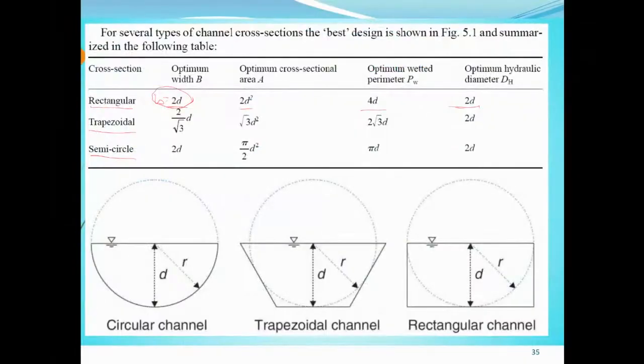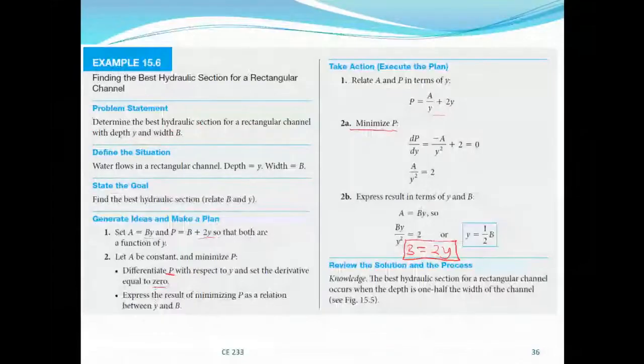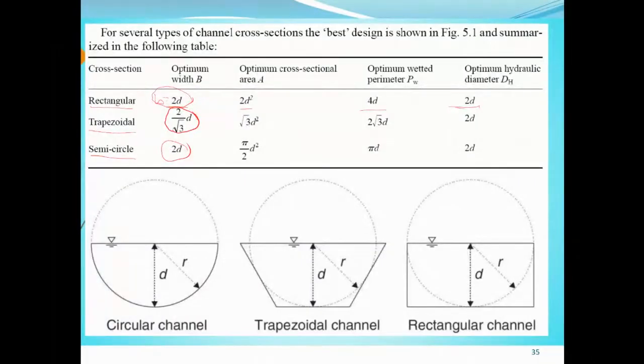You can do the same thing to prove for the trapezoidal section, or for the semicircle. By following the same procedure, express the wetted perimeter, differentiate it, equate it to 0, and then substitute the area to get the relationship between the breadth and the depth. In this case, for a circular section, the width is going to be the diameter.